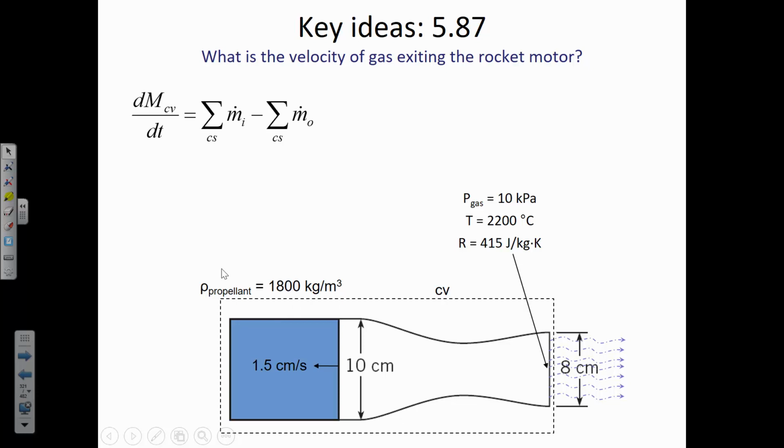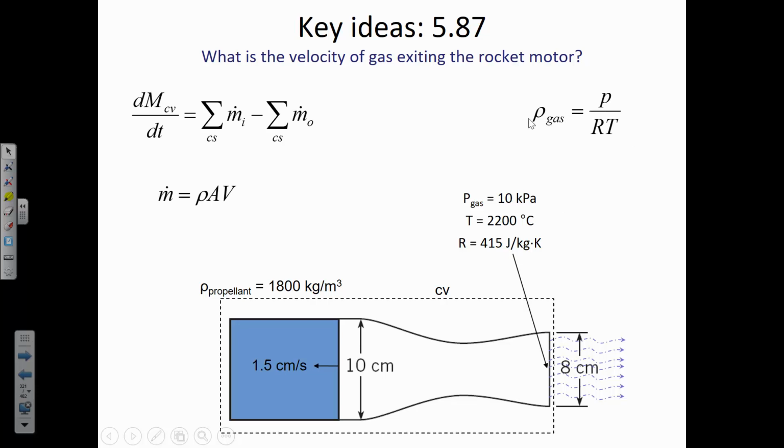You're given the density of the propellant, and since we have the diameter of this circular engine, you can make an area out of that, and since you know the rate that it's being lost, you could, on a volumetric basis, find out the decrease in the propellant and then multiply it by the density to find the mass of propellant that's being lost over time. So the mass that's being lost there is the same as the mass that's flowing out of the motor, and you can use the gas law to find out the velocity of that.